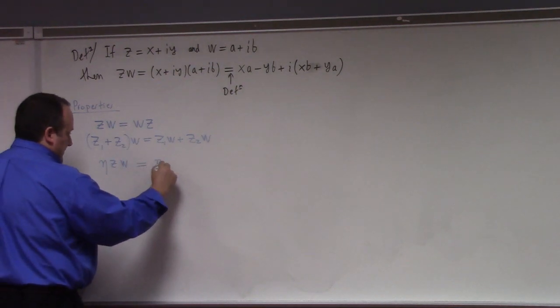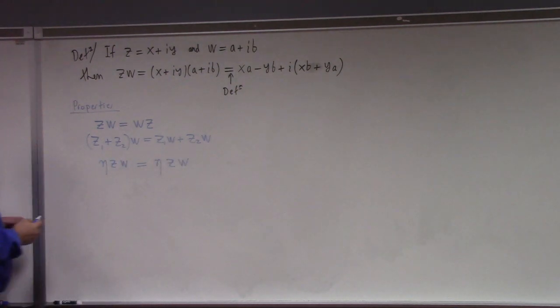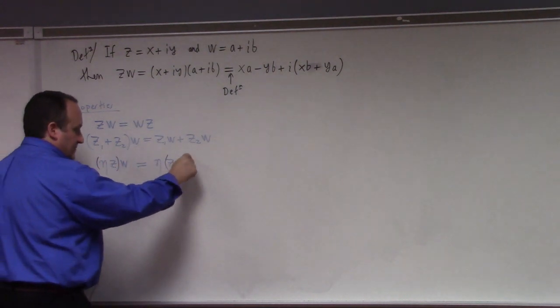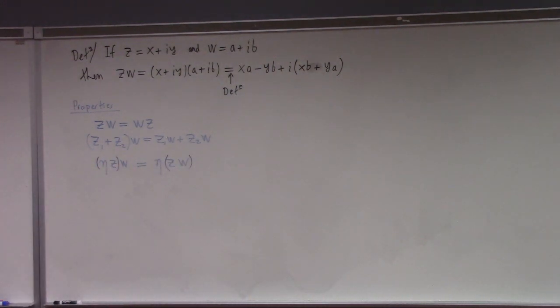Would that be equal to eta times z times w? You're like, what do you mean by that? Well, let me make that a little bit more textured. What I'm really asking is, is this true? Now that's actually something to talk about, right? Is multiplication associative? It is. So multiplication is commutative, it's associative, you've got this distributive property. Anything else?